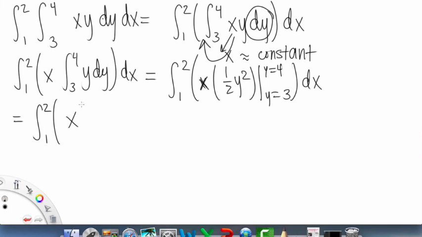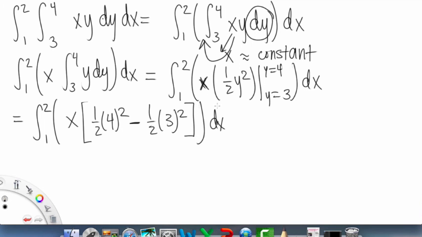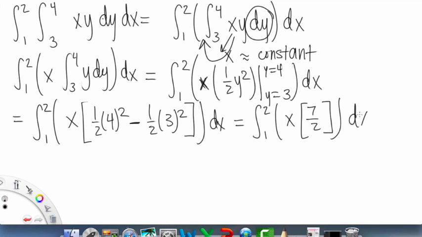If I plug in the 4, I get 1/2 times 4 squared minus 1/2 times 3 squared, and dx. Simplifying, from 1 to 2, x times 16 over 2 minus 9 over 2, which is 7 over 2, if I'm correct, and then we have our dx.